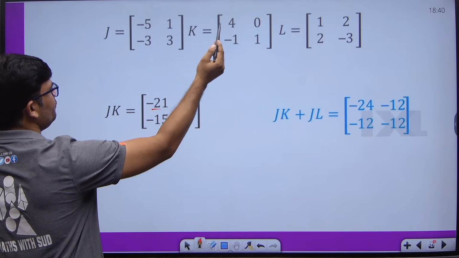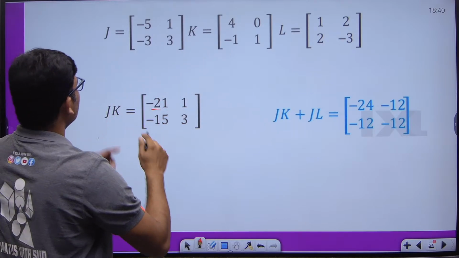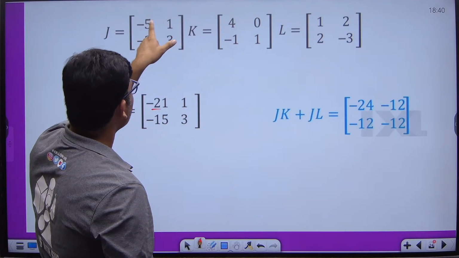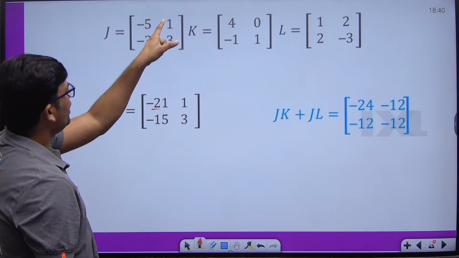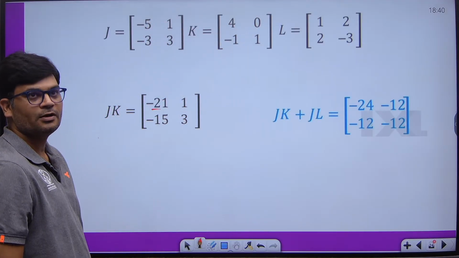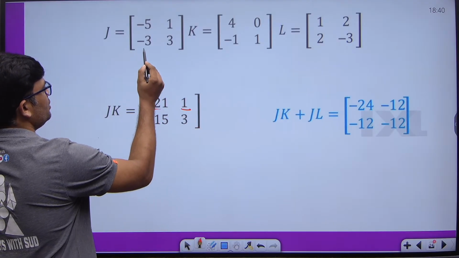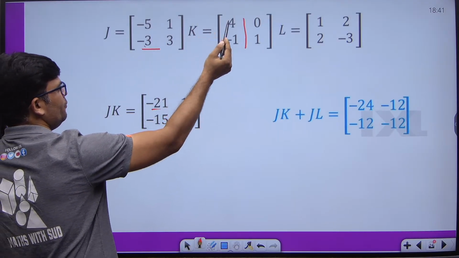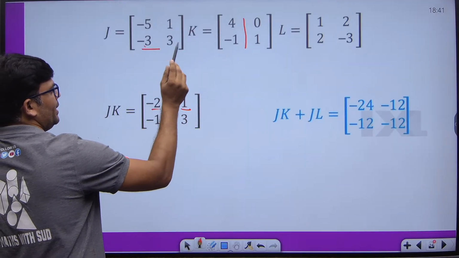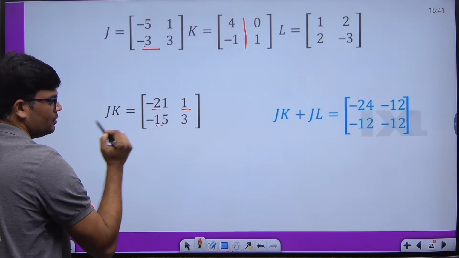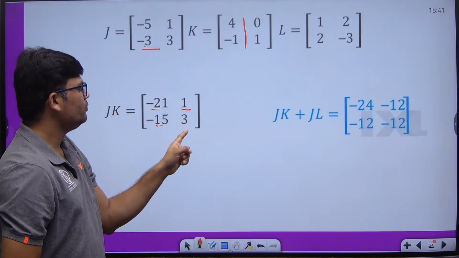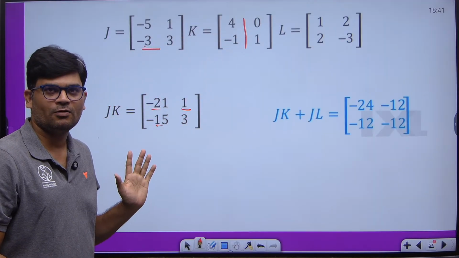So minus 5 into 0 is 0, and 1 into 1 is 1. So this is 1. Now the second row will be multiplied by the first column. So minus 3 into 4 is minus 12, and minus 3, so minus 15. And then same by the second, 0, and then you will get 3.